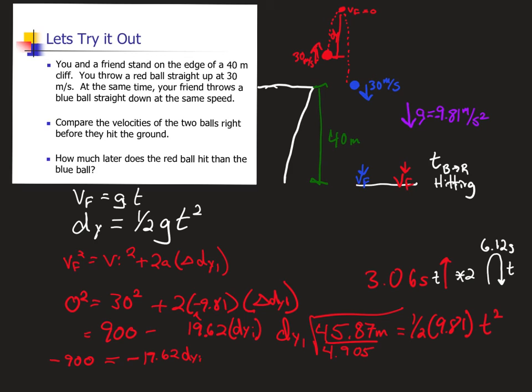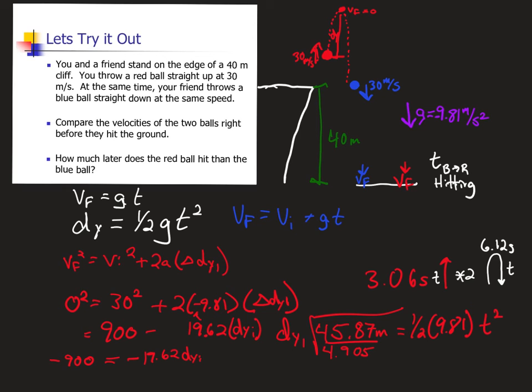To take that into account, we can use the equation v sub f is equal to v sub i plus, not times, plus a t. Now remember, acceleration is just another fancy way of saying gravity.